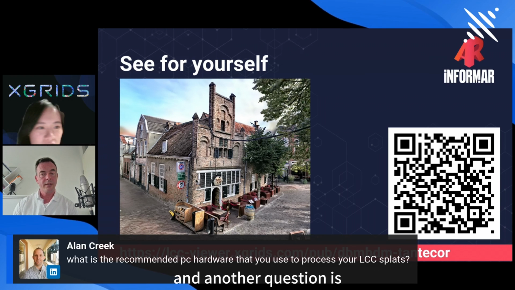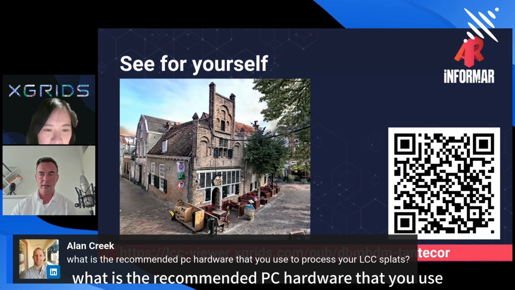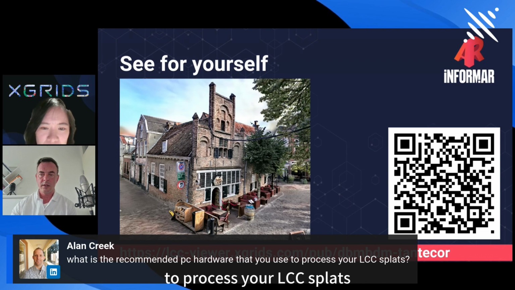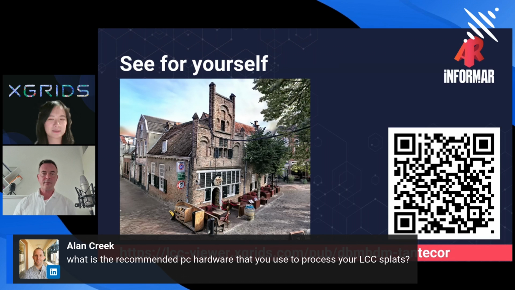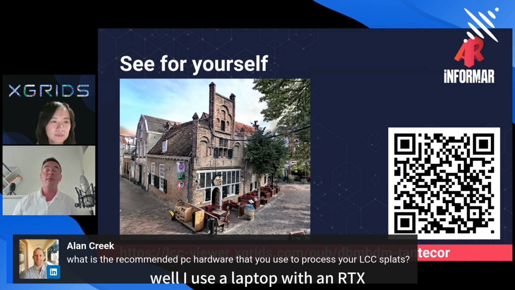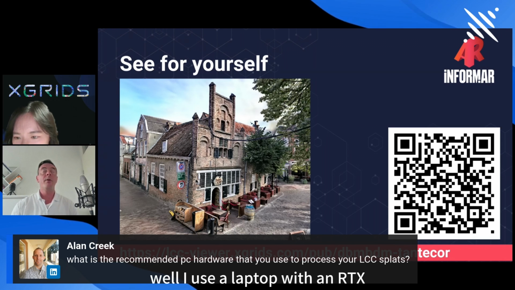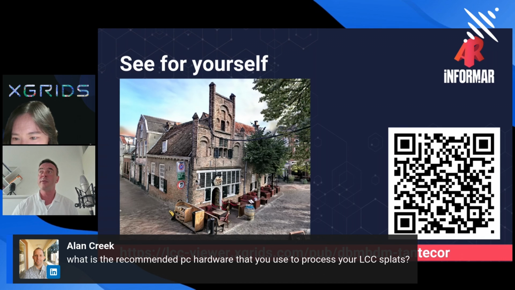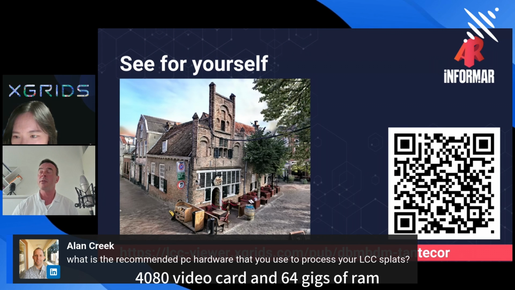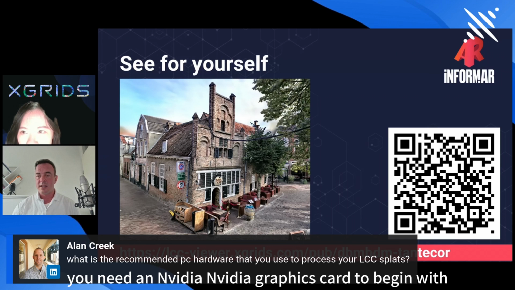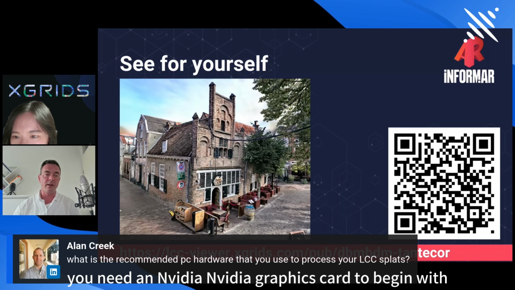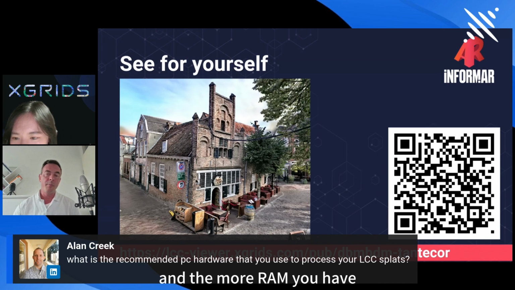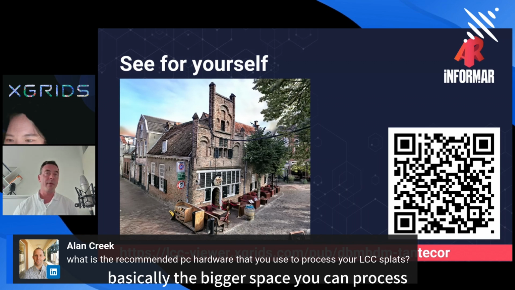Another question is what is the recommended PC hardware that you use to process your Gaussian splats? Well, I use a laptop with an RTX 4080 video card and 64 gigs of RAM. You need an NVIDIA graphics card to begin with, and the more RAM you have, basically the bigger the space you can process.